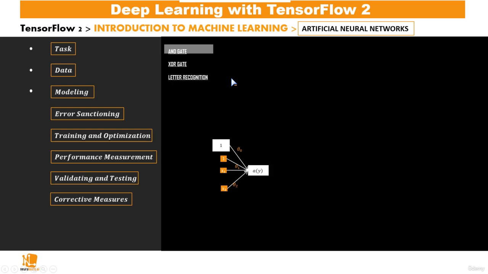Say we have this AND gate and we have this plot for the AND gate. When x1 equals 1, x2 equals 0. At this point, x1 equals 0, x2 equals 1, we are at this point. x1 equals 0, x2 equals 0, we are at this point. Now this yellow means the output is 0, and this means the output is 1.